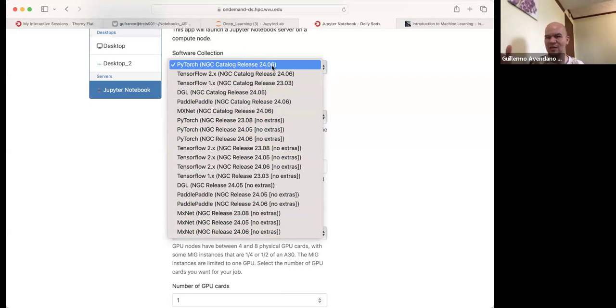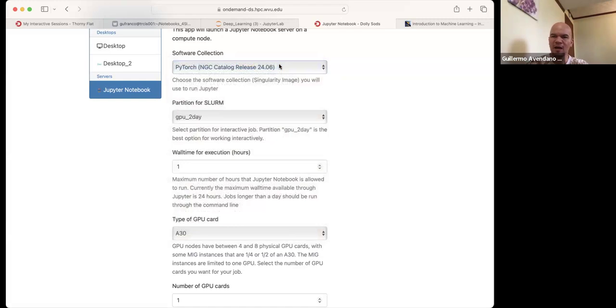So in a few days, the 24.07 will appear. I update this every 2-3 months, so I will not necessarily have the 24.07. I will probably wait until the 24.08, but I try to keep those updated. So how do you use this?